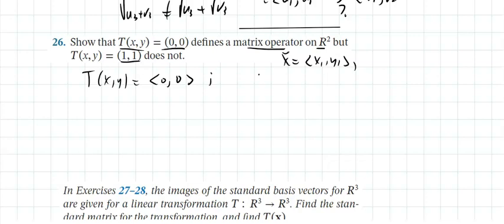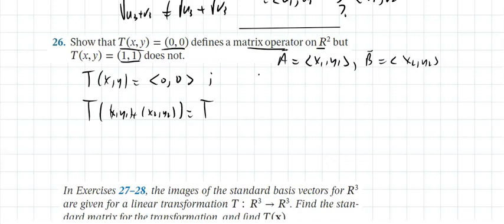Let me think really quick. Okay, let's say you have a point A, and point B to be x2, y2. Okay, if I apply T of x1, y1 plus x2, y2, wouldn't that be T of x1 plus x2, y1 plus y2?